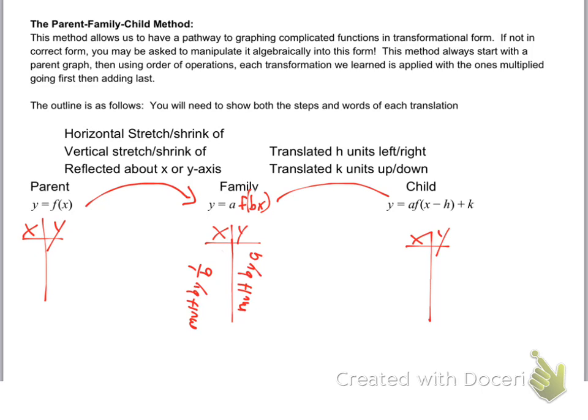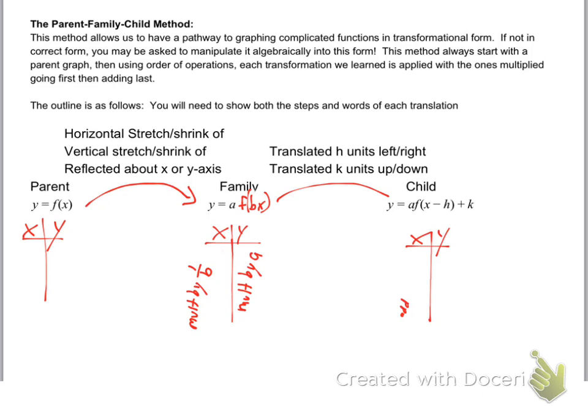Why would that one have to be multiplied by 1 over B? Because it's with x and it always does the opposite, right, or the inverse. So when there's a 2 there, you're really affecting the graph by half. Okay? Then I can move over to the child. H and K. H is my left-right movement. That affects my x's.